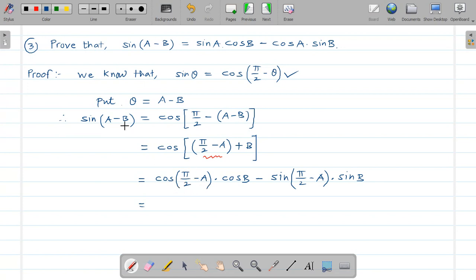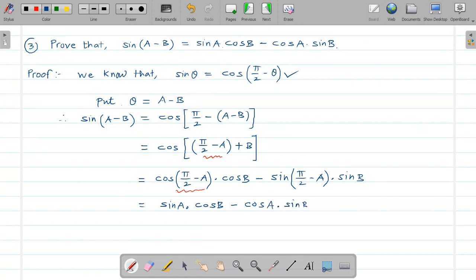By the previous result, it is nothing but sin a, into cos b as it is, minus, now what is sin of pi by 2 minus a? By the previous result, sin of pi by 2 minus a is nothing but cos a, remember this, into sin b.